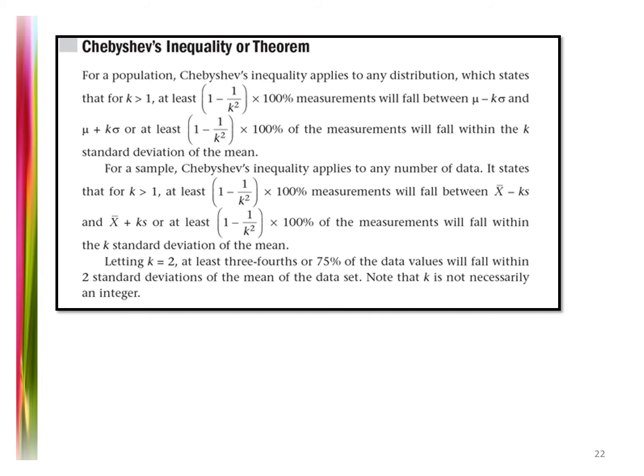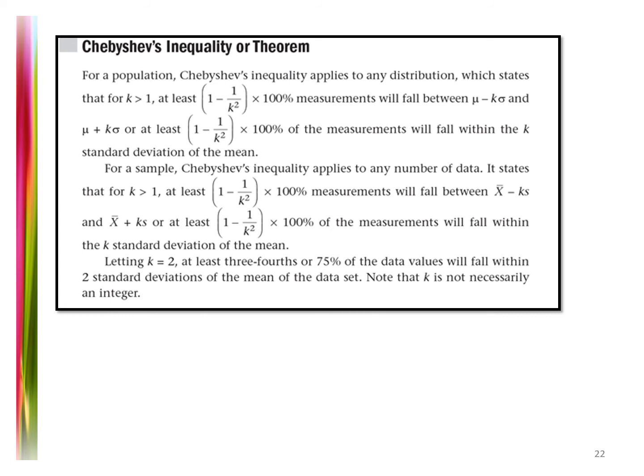So that is the population case. Similarly, in the sample case, the Chebyshev inequality applies to any number of data. It states for k greater than 1, at least 1 minus 1 over k squared, times 100%, of the measurements will fall between x bar minus k times s and x bar plus k times s.